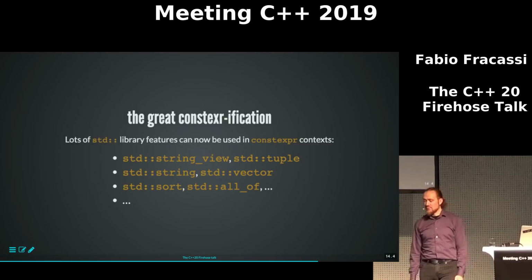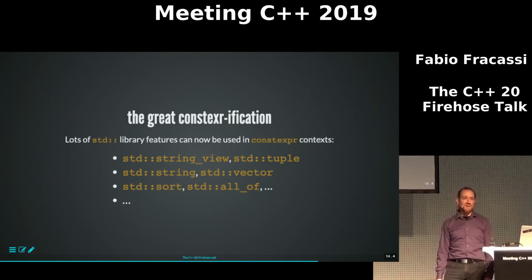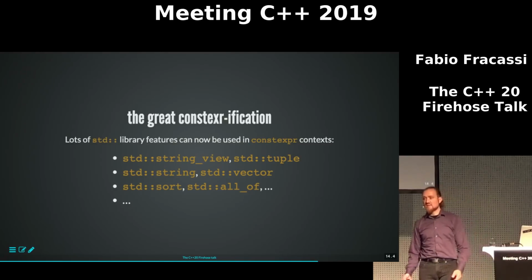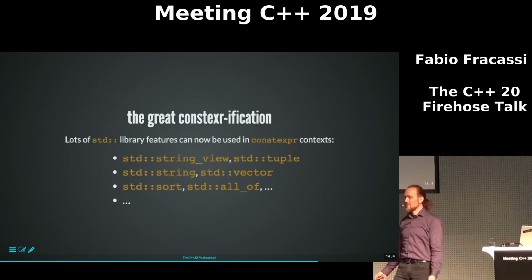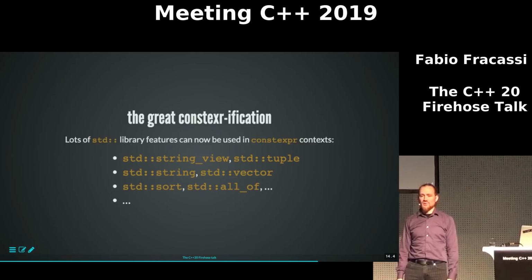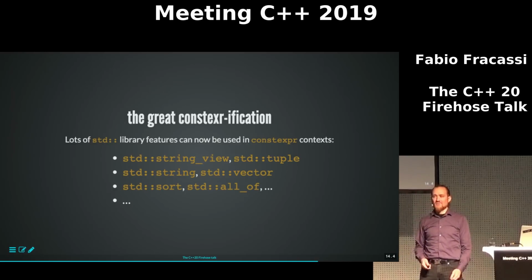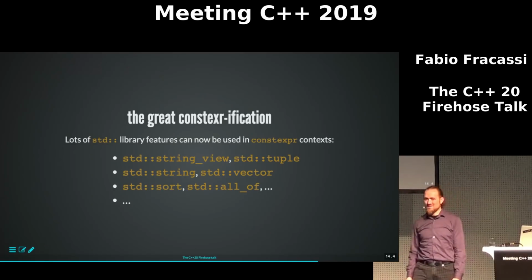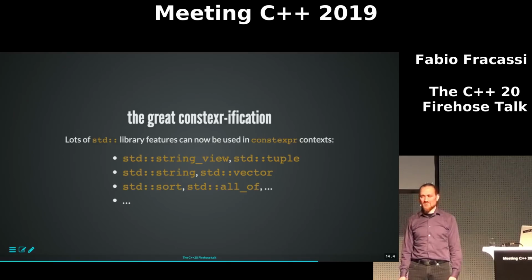And why do we do this? We want to make the compile time programming as similar to normal programming, to the normal runtime programming as possible. Because both is just programming. Why should you use a complicated template metaprogramming thing where you use types for values? We have a good language in C++. Why shouldn't you use real C++ for that?